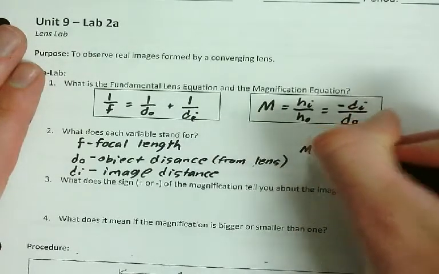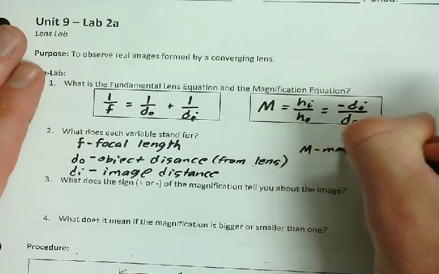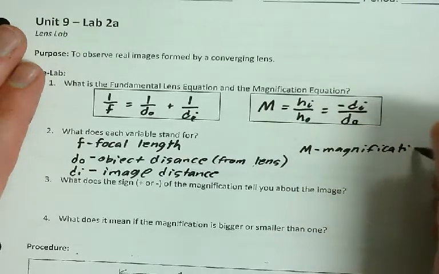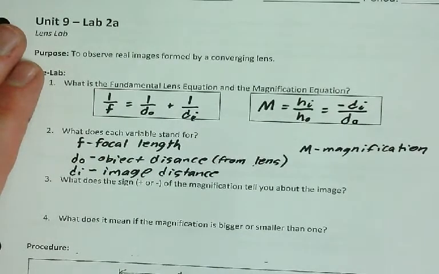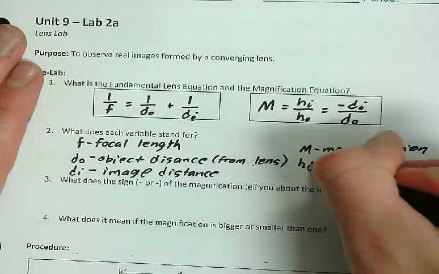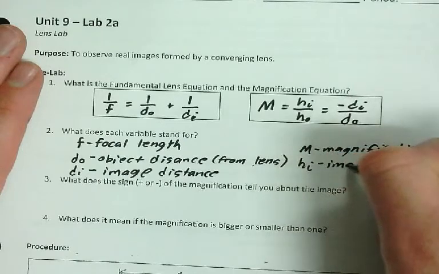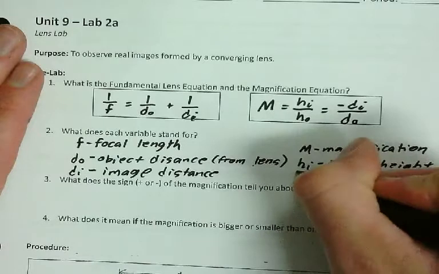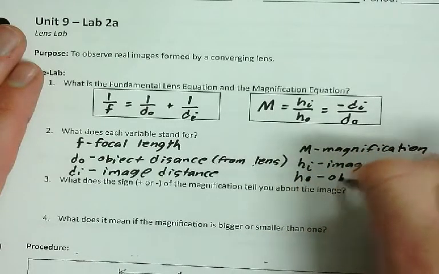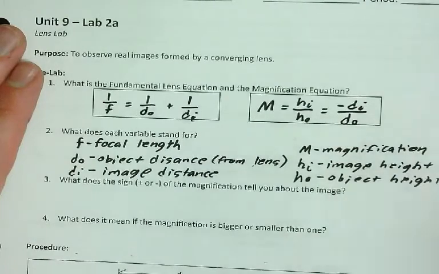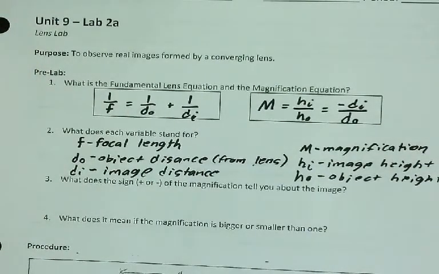M is magnification, so how big or small it looks. HI is image height, and HO is object height. Okay?